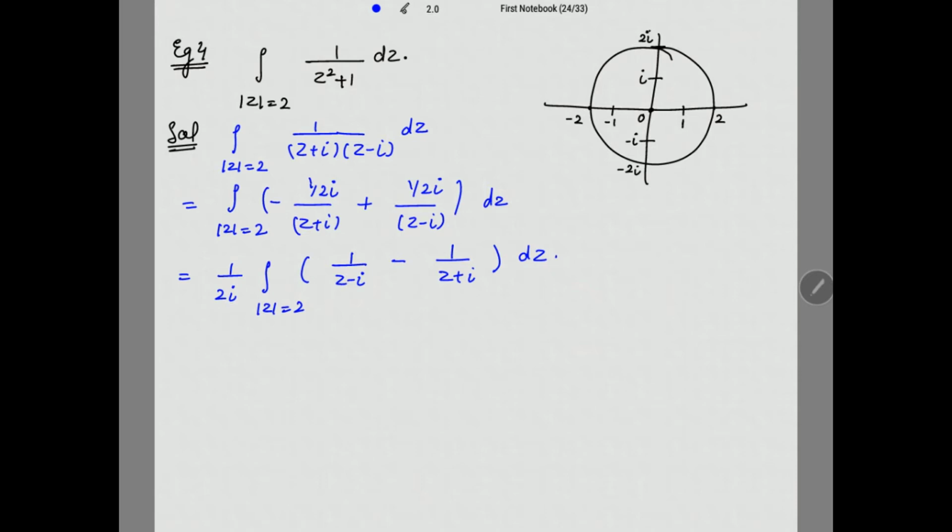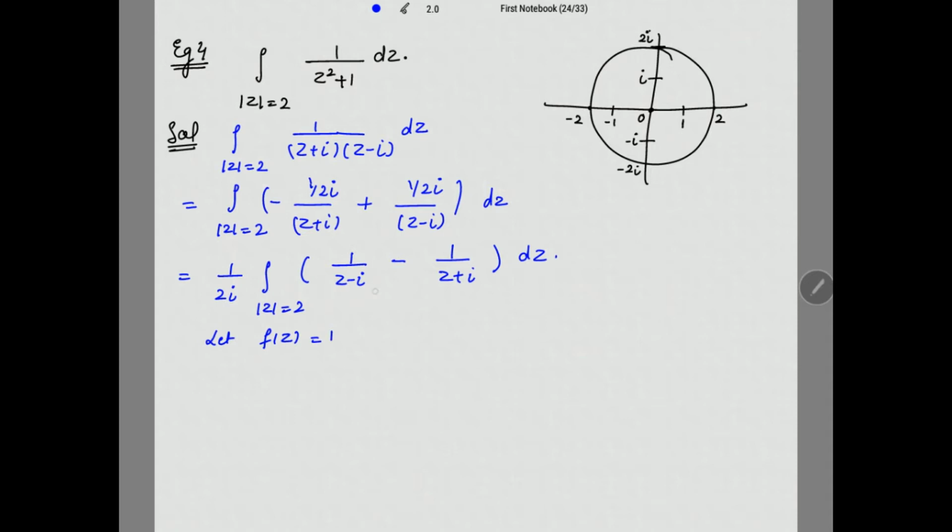Now we have two integrals, the first one and the second one. We have to solve both of these, because i and −i both lie inside this circle. Now what is your f(z) over here? f(z) is 1. So let f(z) = 1.